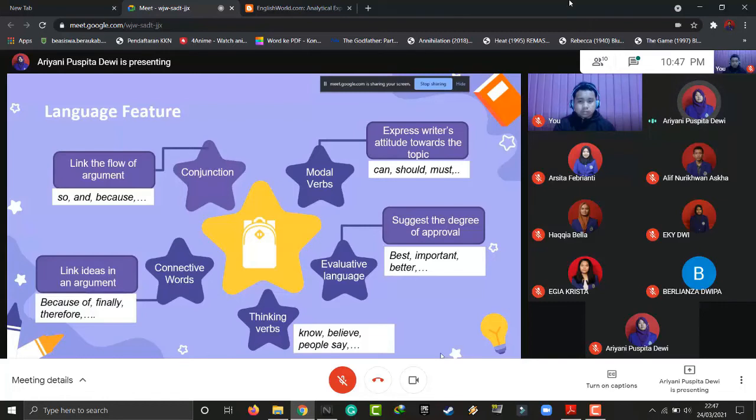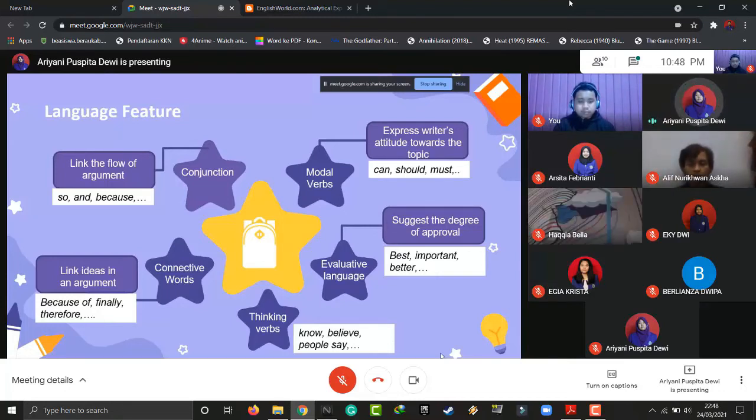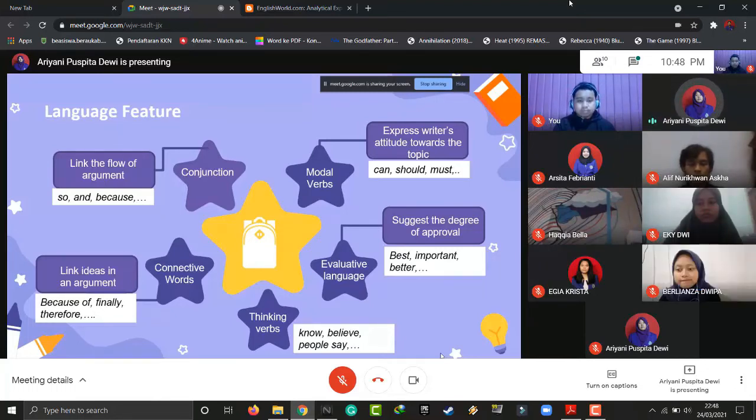Usually we can find this kind of word in the conclusion paragraph, because when the writer writes the conclusion about the text, they need to connect again with the argument that was said before.